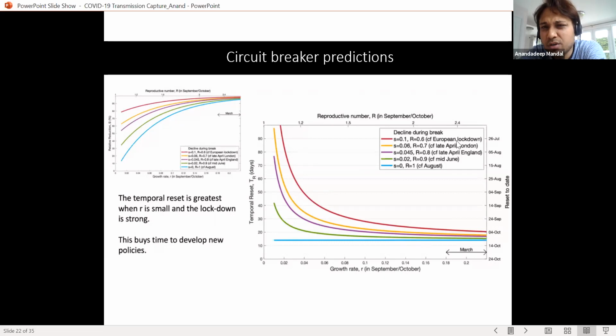So we did it for the European lockdown, April lockdown, June lockdown, August lockdown, and as I illustrated earlier, why do we do circuit breaker? You give the government some breathing space. What should be done next?